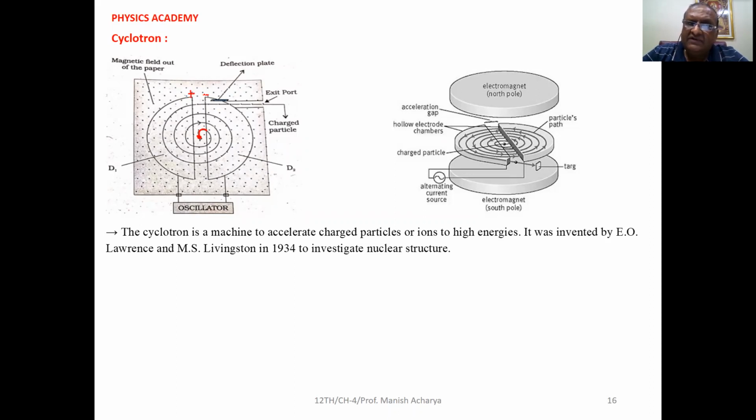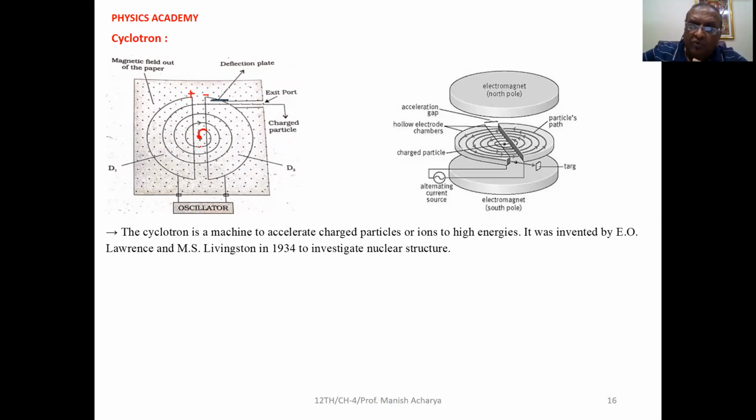So this negative potential will attract this positively charged particle and this positive potential will repel it. The charged particle was moving like this. As soon as it reaches the diameter of the dee, a force acts on it due to these potentials.